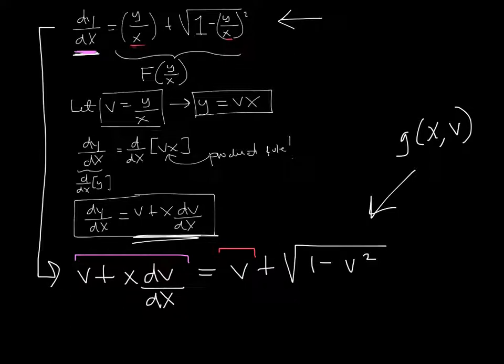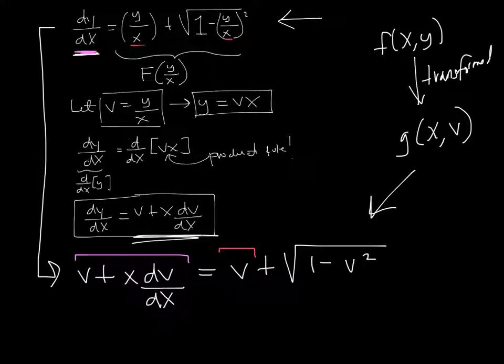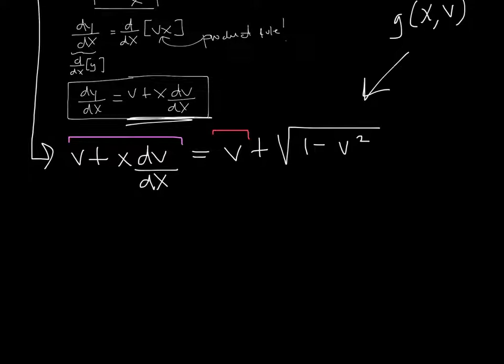We started off with a function of x and y, and we transformed it into a function of x and v. Now we ask ourselves, can we separate the variables with this function of x and v? So let's see if we can get our v's with v's and x's with x's.